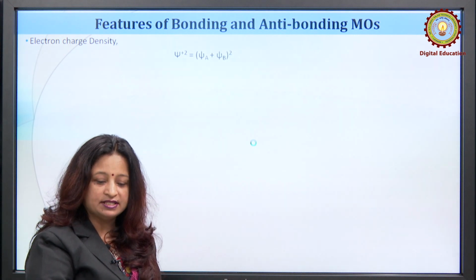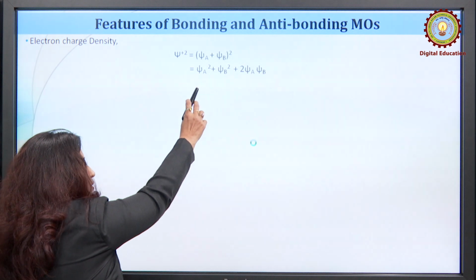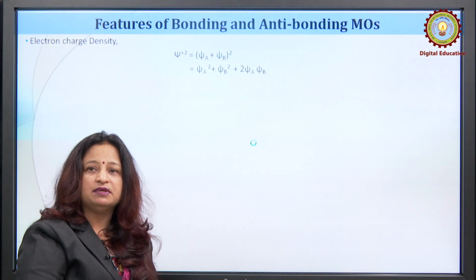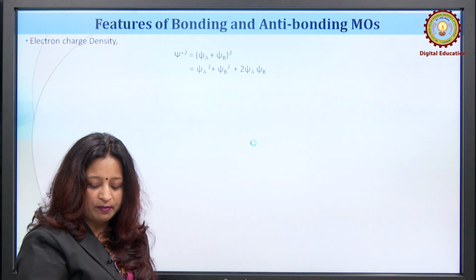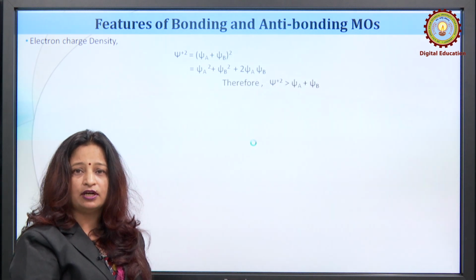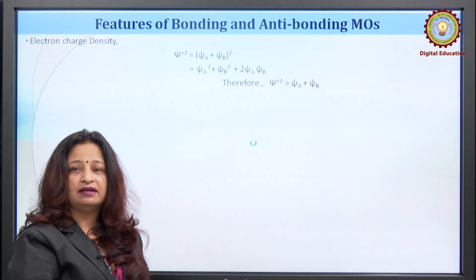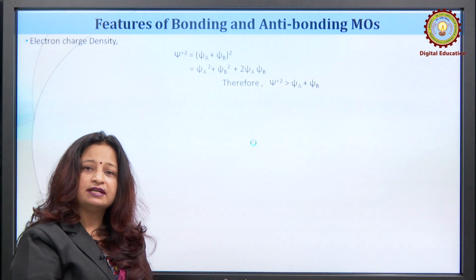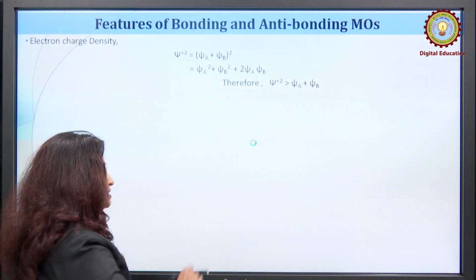Psi plus square is equal to psi A plus psi B whole square, which is equal to psi A square plus psi B square plus 2 psi A psi B. So, what can we conclude from here? We can very easily conclude that the electron charge density in the bonding molecular orbital is greater than the electron charge density in any of the overlapping atomic orbitals, right? It is very much clear.